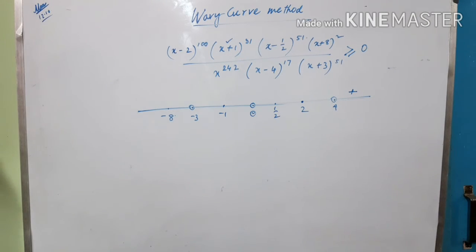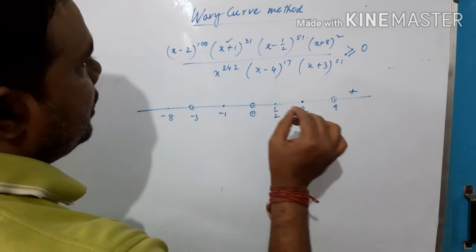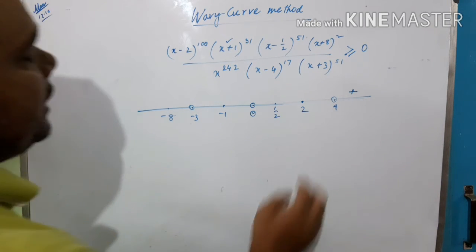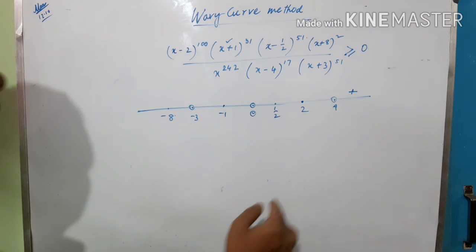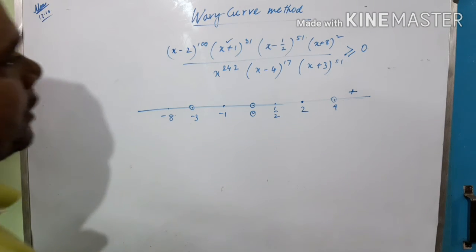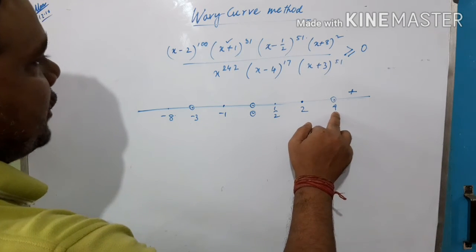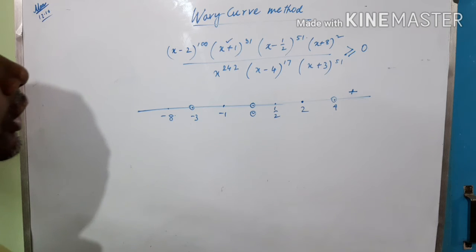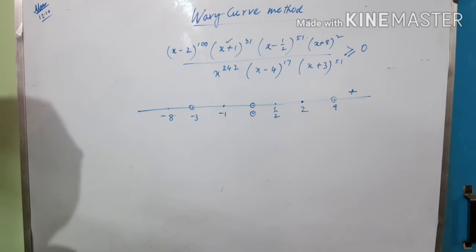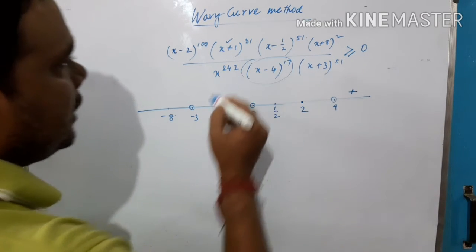Now we want to know what is the sign of the expression in its adjacent interval. To know this, you just check which number has separated the interval. So clearly we can see that 4 has separated the adjacent interval. Now see from which factor 4 is coming. So 4 is coming from this factor. Clear?